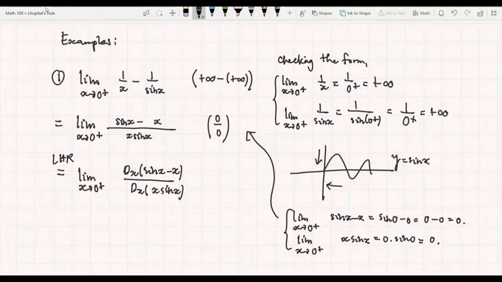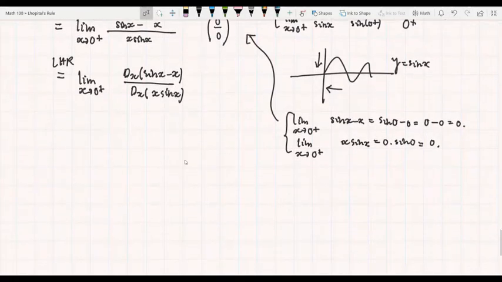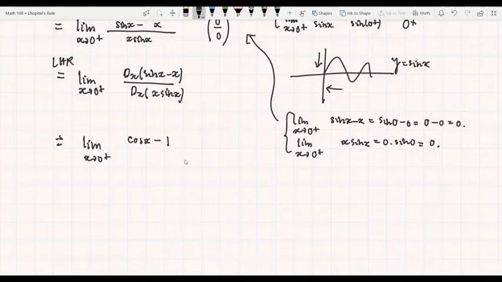So differentiating, for the numerator, we have the limit as x goes to 0 plus of the derivative of sine x is cosine x, and the derivative of minus x is minus 1.